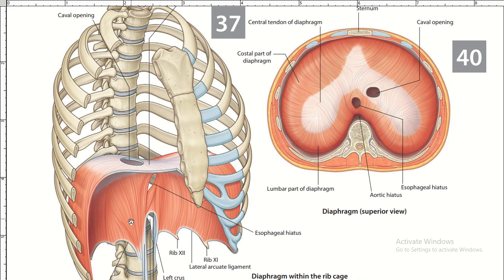Remember, our innervation is divided into motor and sensory. As for the motor, you only have the phrenic nerve, both right and left. With the sensory, you also have the phrenic nerve, and you also have the lower six intercostal nerves, which supply the diaphragm.